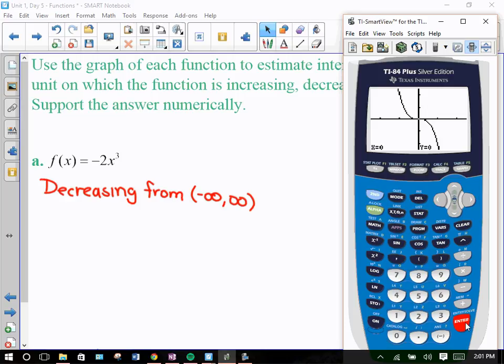Are those negative infinity to positive infinity x values or y values we're talking about? These are the x values: x equals negative infinity all the way to x equals positive infinity. Those are the values where it's decreasing. We're not describing the y values.